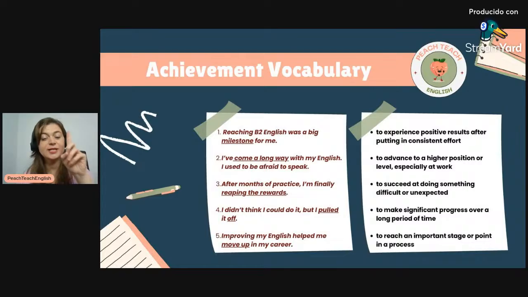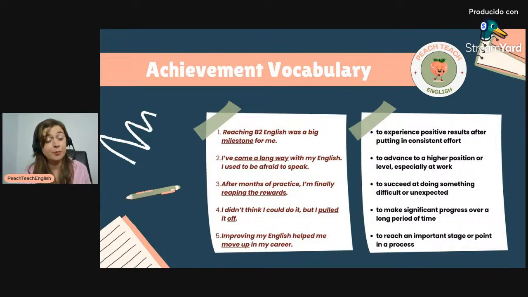Okay, guys, this one's going to be number 1. To experience positive results after putting in consistent effort. So when we reap the rewards, it means in the beginning, it was difficult. We were working very hard.